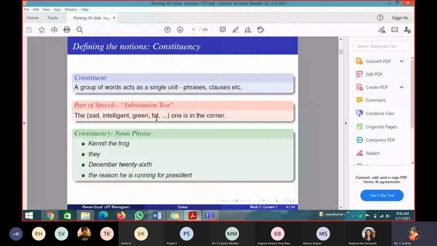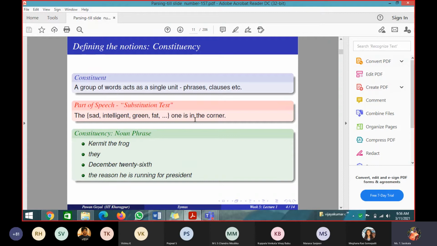Yes or no? The sad one is sitting in the corner, or the intelligent one is in the corner, the green one, the fat one in the corner, like this. So this is called a substitution test. The dash is substituted by any of the words, but when you fill in that word, it should match the phrase and form a complete sentence.